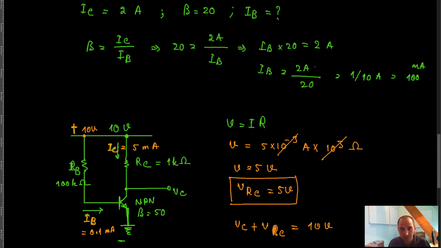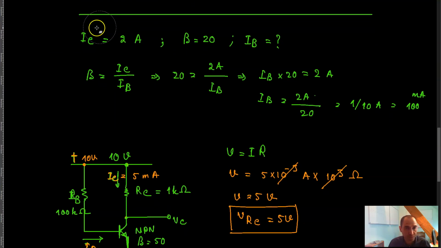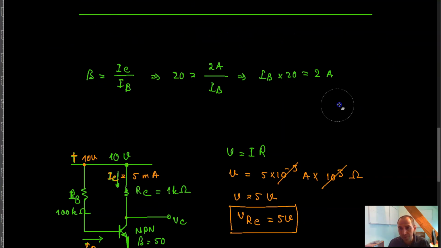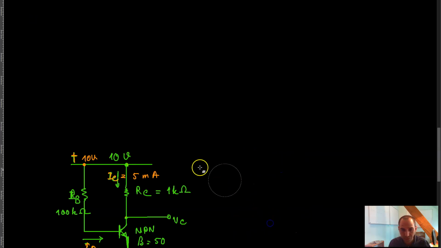I can write it down over here. Let me write down everything over here, because that way we can compare everything. So I'm going to write V of S, which is the supply voltage here, equal to 10 volts. I'm not going to change that in these experiments. My R of B is equal to 100 kilo ohm.